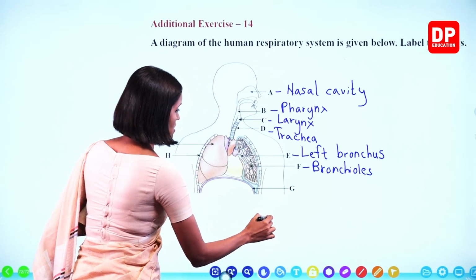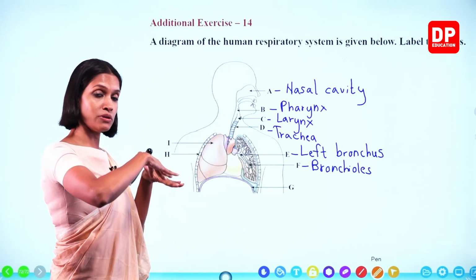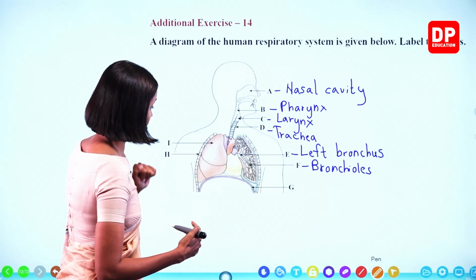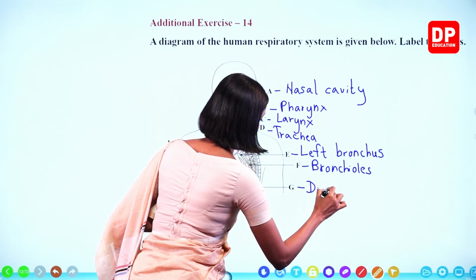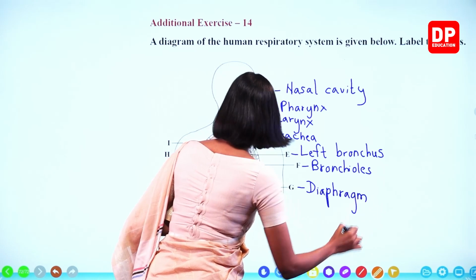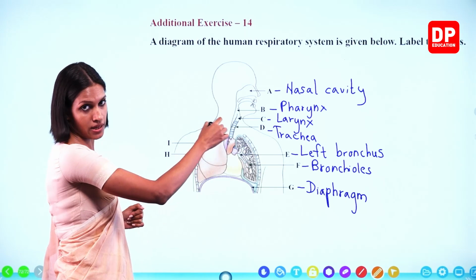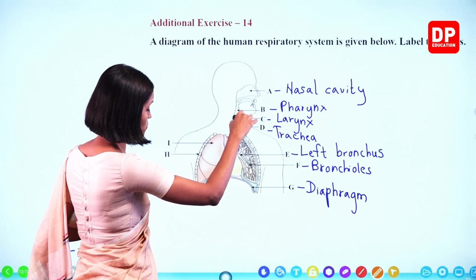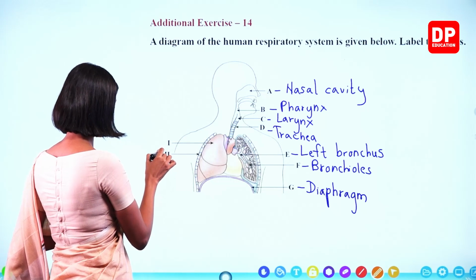What about G, children? Now G is the muscular structure present below the respiratory system or the lungs. This is known as the diaphragm. H, rib cage, right? The lungs. So this system is protected by the rib cage.